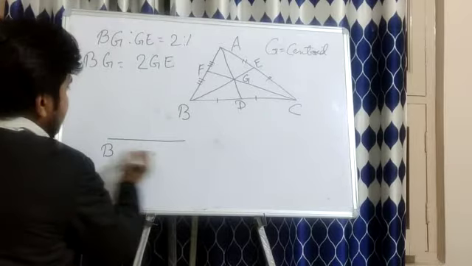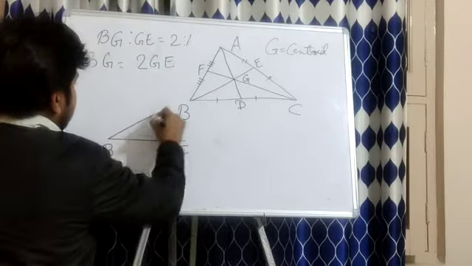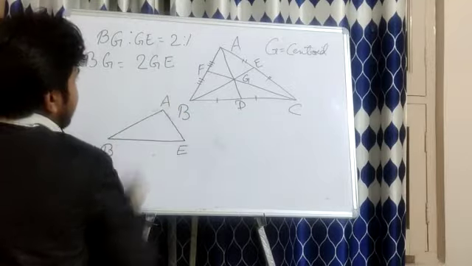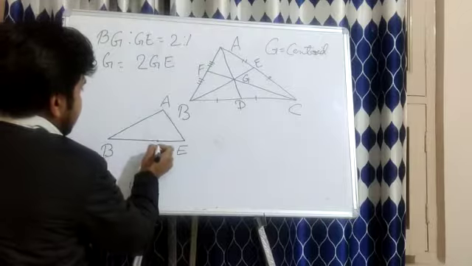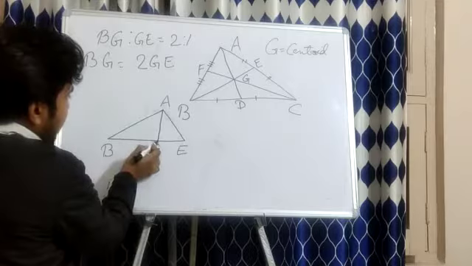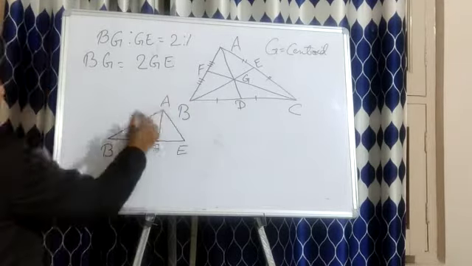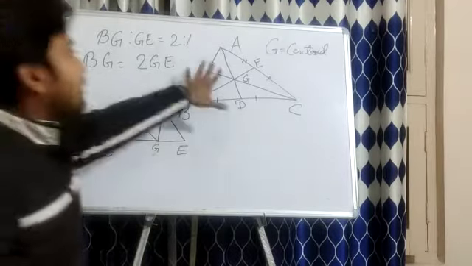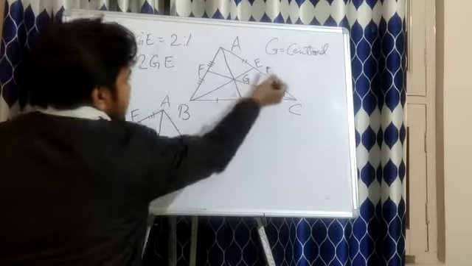This is B, this is E, and this is A. While this is G, and you join AG, and the point F lies on the side AB, where F is the midpoint of the side AB. Therefore, this is equal to this. Now this is what we get from this triangle when we focus on the triangle ABE.